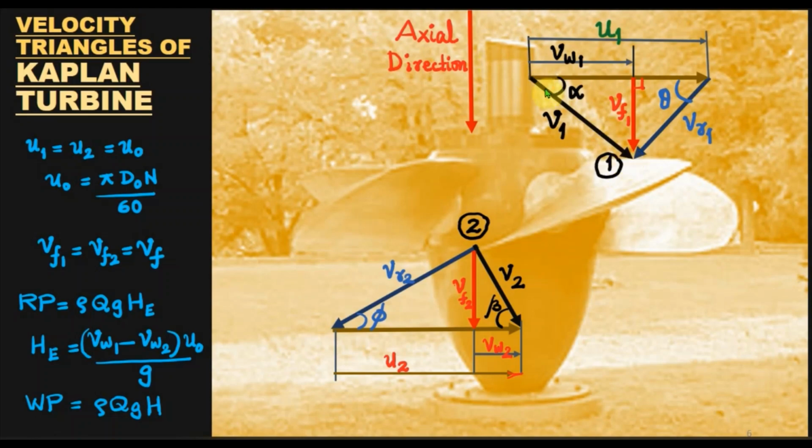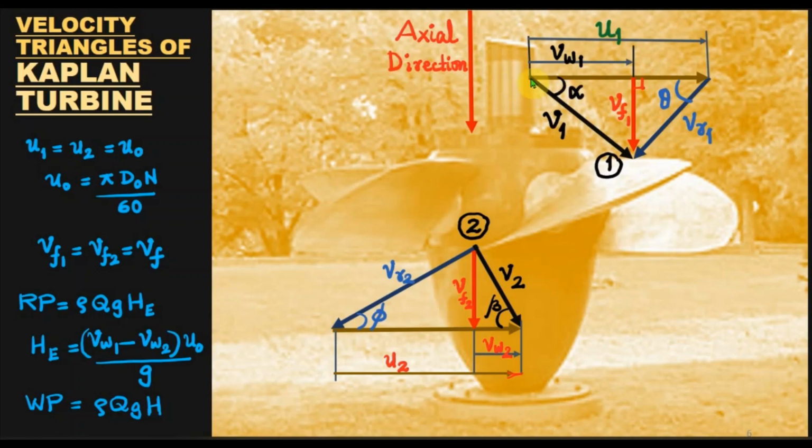After marking u1, the third side VR1 must be tangential to the blade surface at inlet 1, and for that shockless entry, V1 must be guided at an angle alpha by the guide vanes, at the angle indicated here.